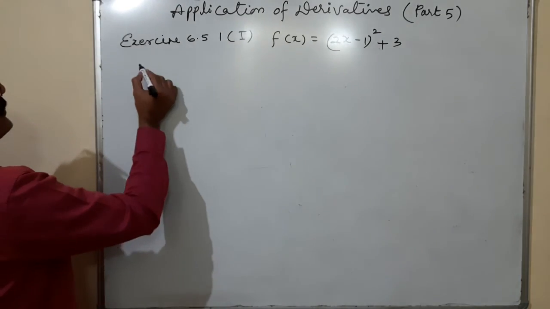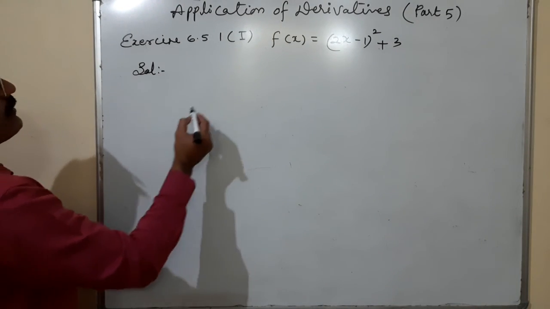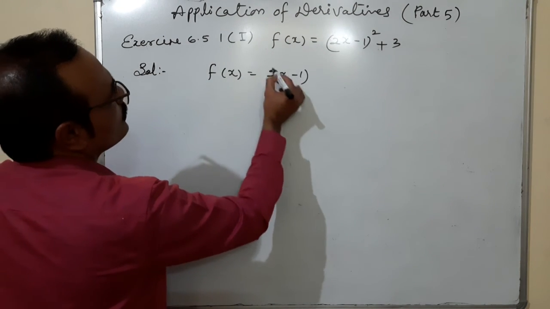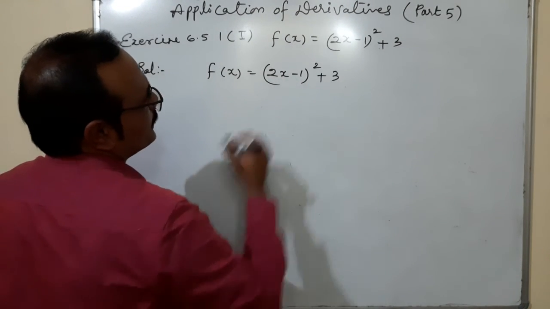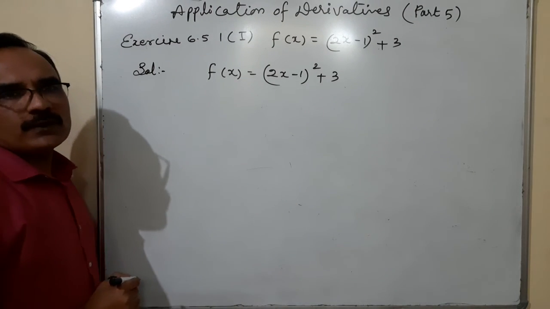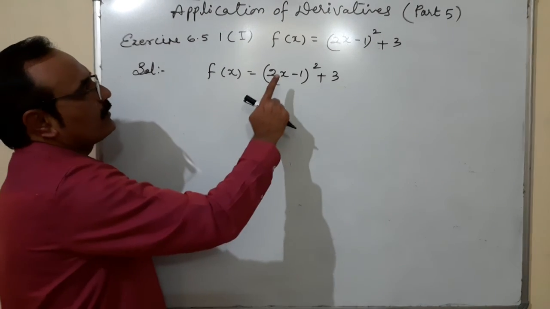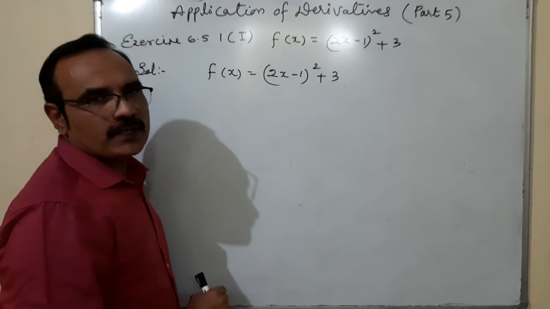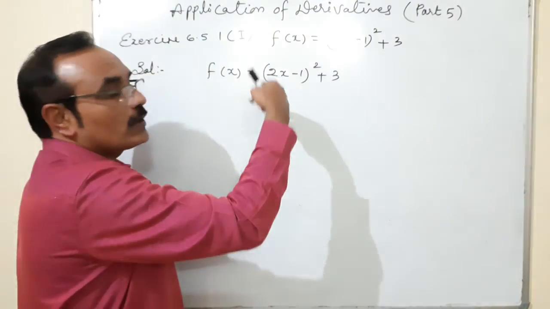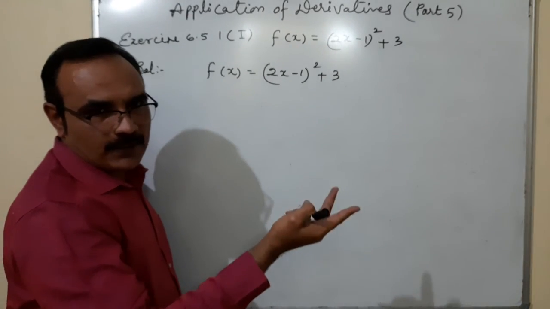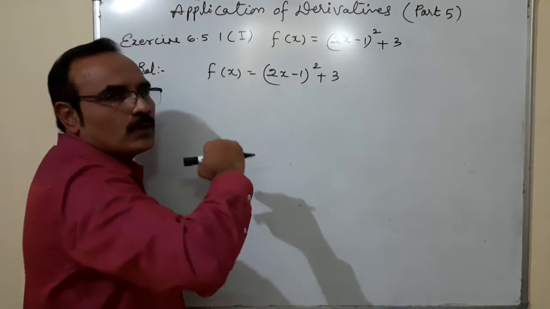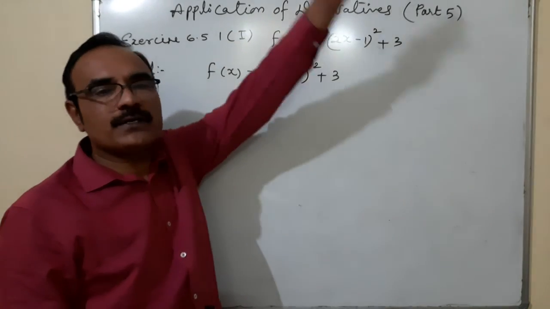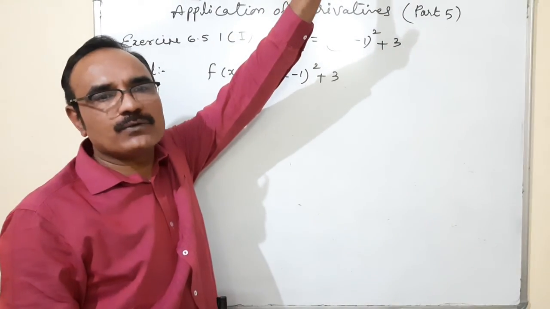While seeing the function f of x is equal to (2x minus 1) whole square plus 3, we can understand: (2x minus 1) whole square, its value is always positive, and the value will be increasing upside, plus 3. So that means there's no limit to the upper side.